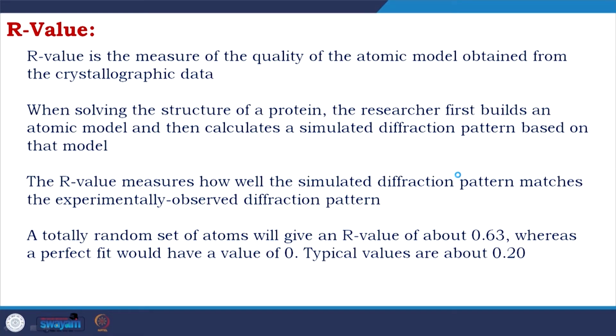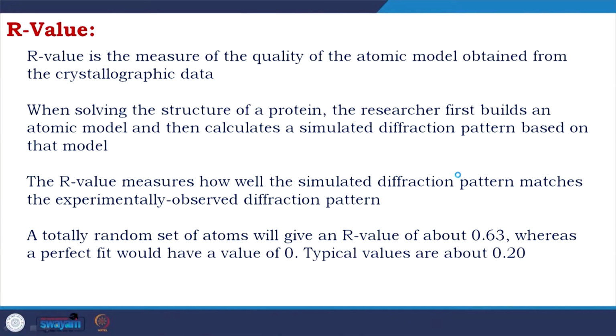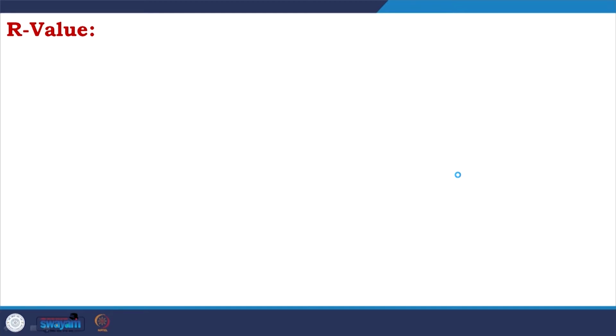So, you start from some point with a value in the 0.6 to 0.7 range, but perfectly it should be 0. Practically, if we compare already solved crystal structures, it is around 0.2, but it varies with the resolution. We will talk about that.